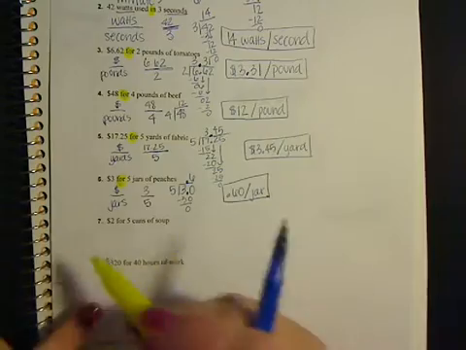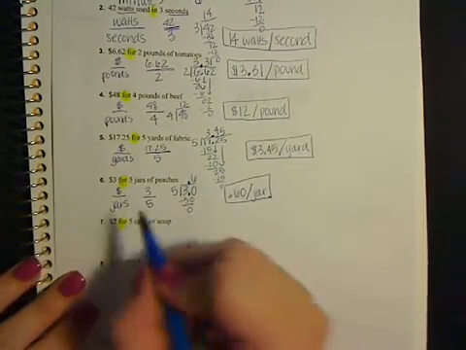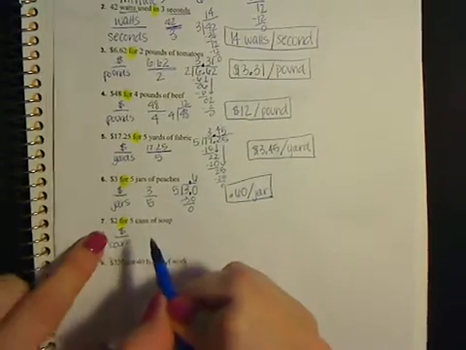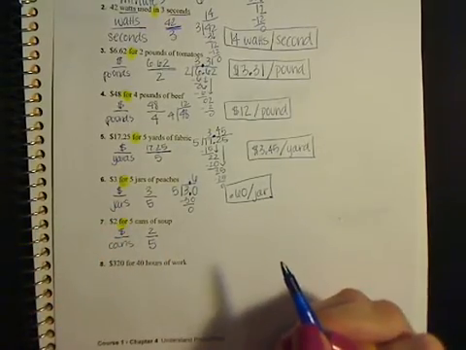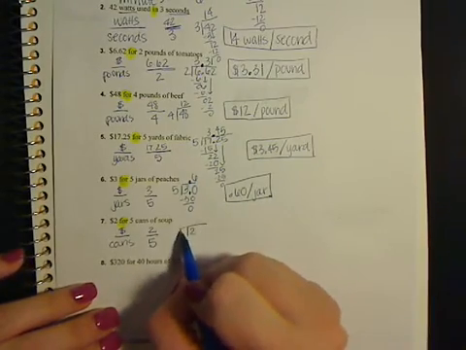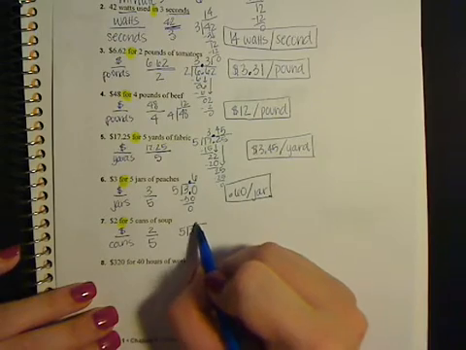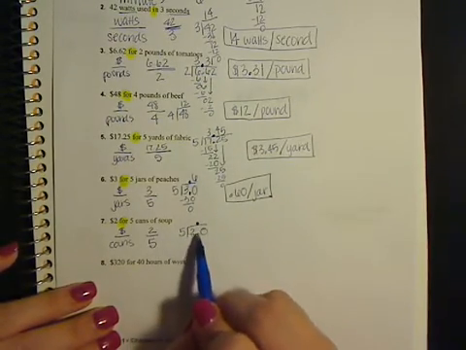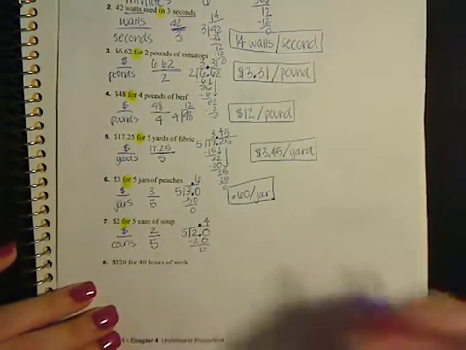Number 7, $2 for 5 cans of soup. Dollars for cans. It's $2 for 5 cans of soup. All right, I'm going to divide. 2 divided by 5. 5 won't go into 2, so I'm going to add a decimal point, take it up and a 0. 5 goes into 20 4 times with a remainder of 0.